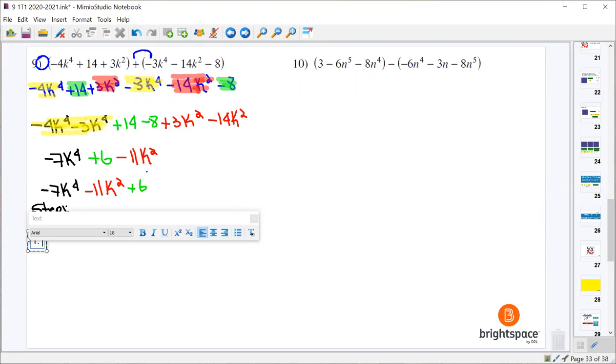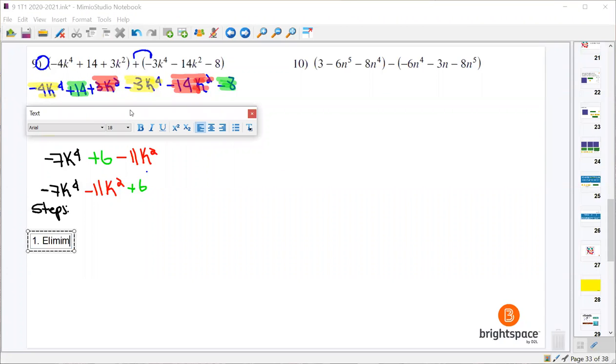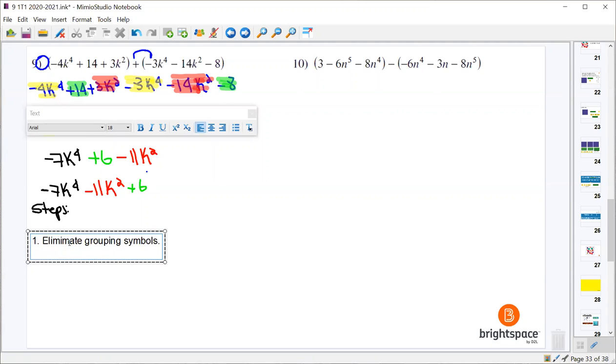So first step, eliminate grouping symbols, right? Second step, guys. What was the second step?